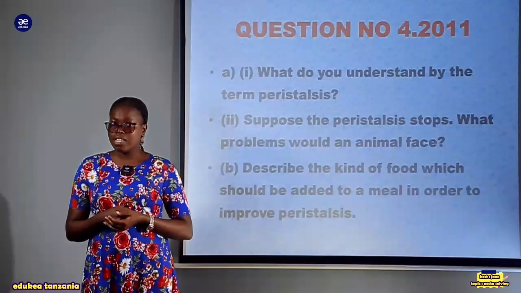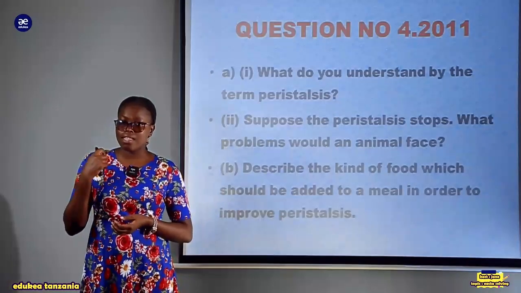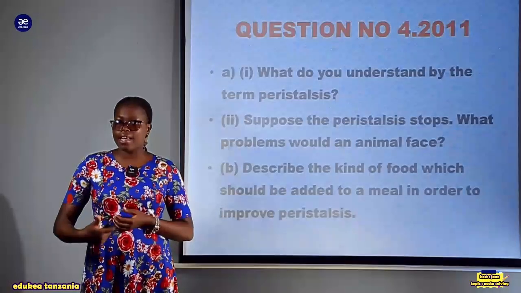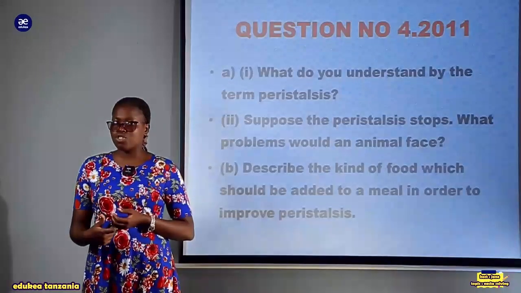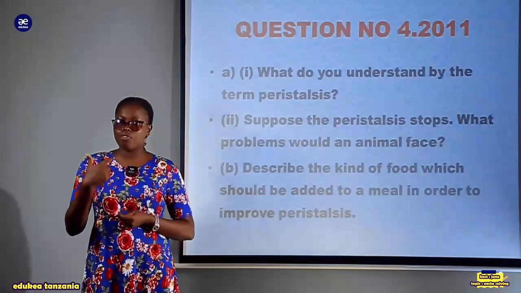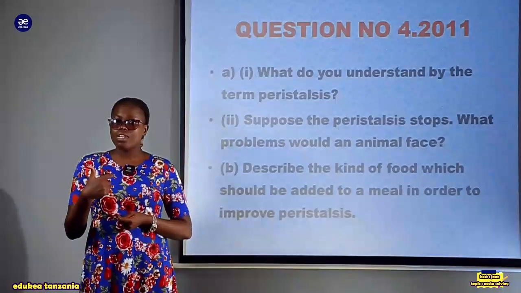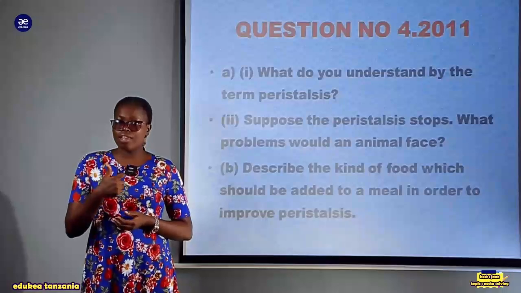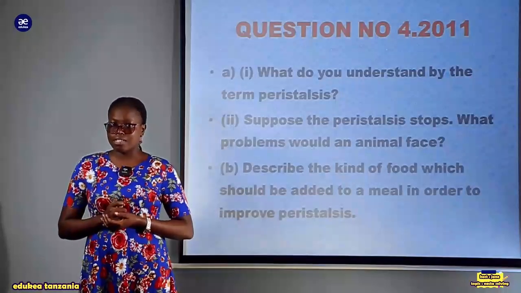This means the muscle causes involuntary contraction and relaxation of the esophagus whilst the food bolus moves along, creating the wave-like motion. And that wave-like motion is what is known as peristalsis.